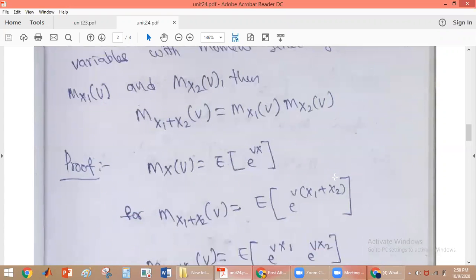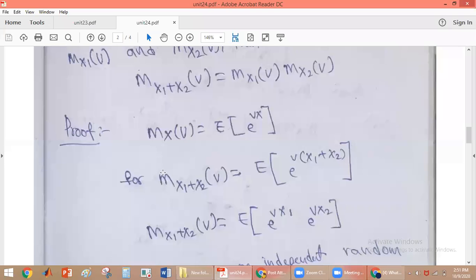Now we know that M_X of v can be written as the expected value of e power vX. For M_(X1+X2) of v, X should be replaced with X1 plus X2. So it is equal to the expected value of e power v(X1+X2).